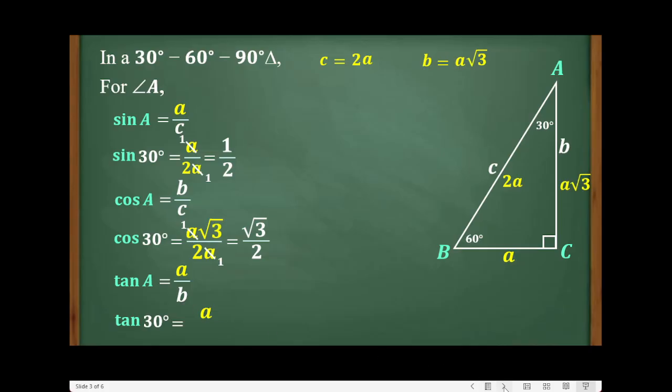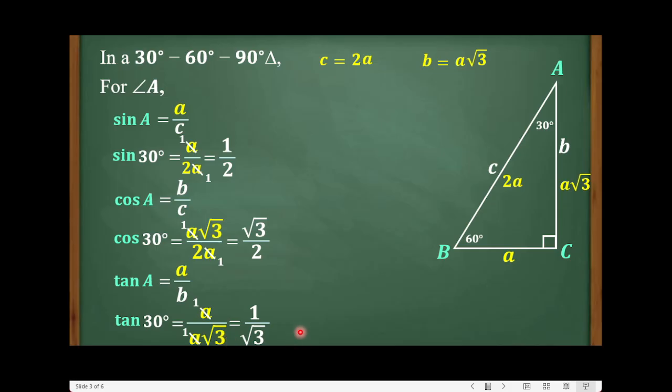is in terms of A. So that is over A square root of 3. Again, there is a common A from the numerator and denominator, so we can cancel them out. And what will remain from this radical fraction is 1 over square root of 3. And take note, if we have a fraction with a radical sign, it means this fraction is not yet simplified.